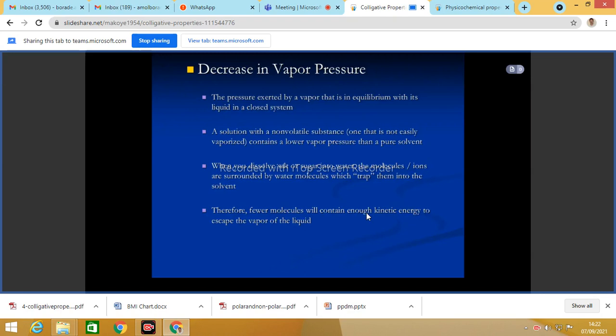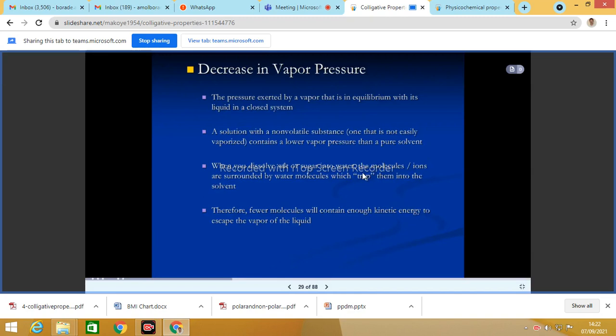A solution with a non-volatile substance, one that is not easily vaporized, has a lower vapor pressure than a pure solvent. When we dissolve salt or sugar in water, the molecules or ions are surrounded by water molecules which trap them in the solvent. Therefore, they do not have enough kinetic energy to escape from the liquid.